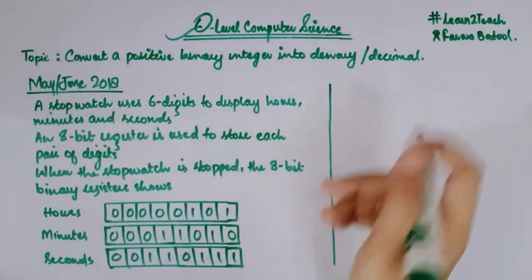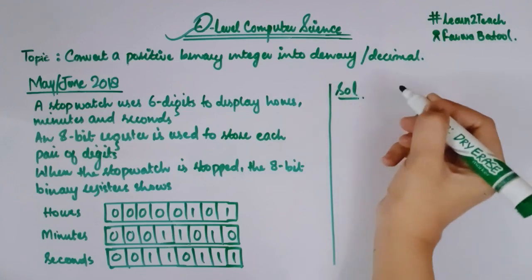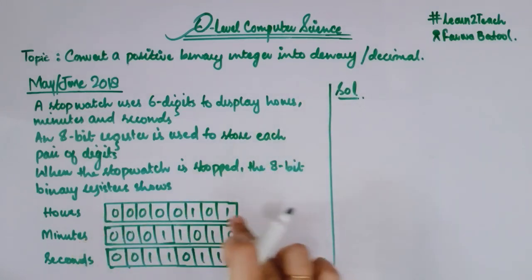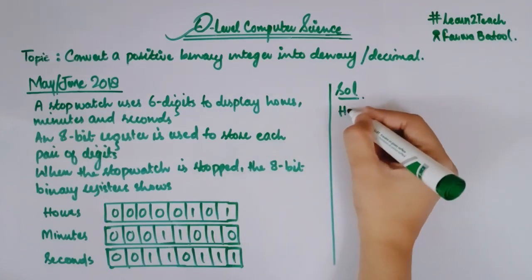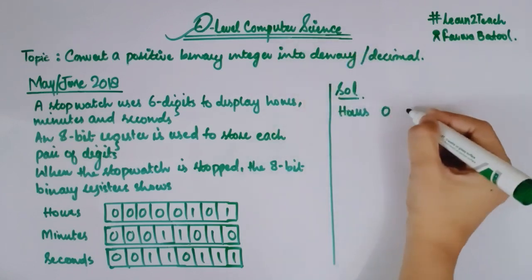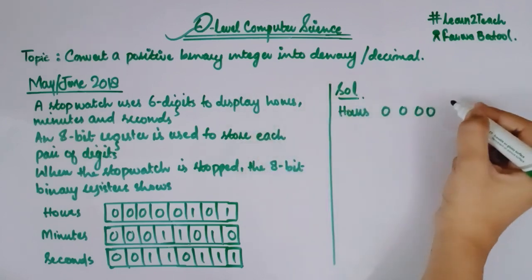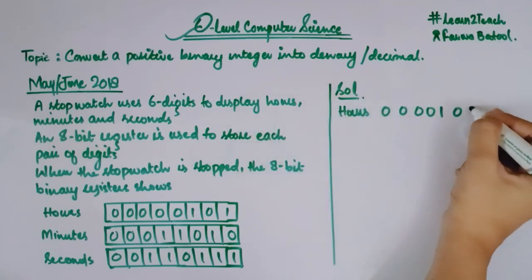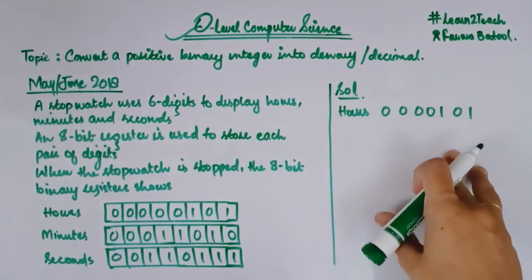So starting with hours, let me write these 8-bit binary values for hours. In order to find the 2 digits for hours, we have 0, 0, 0, 0. Then I have 1, 0, 1. Now let me tell you how we can convert this.